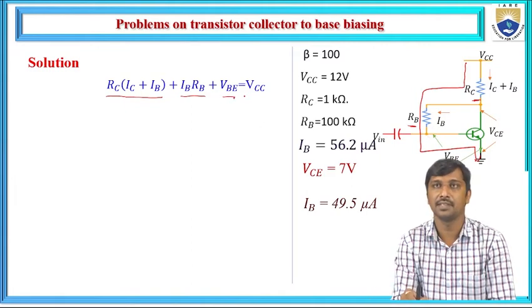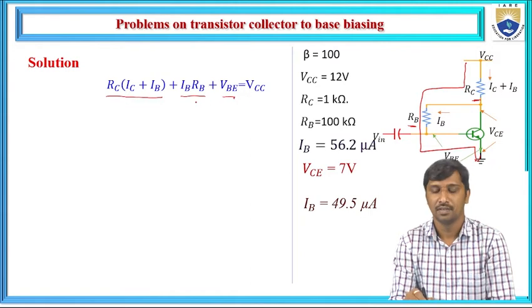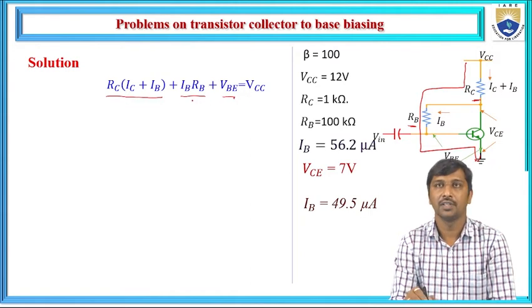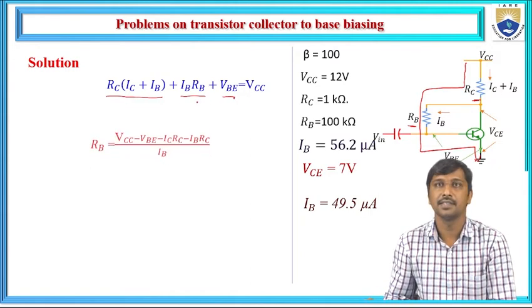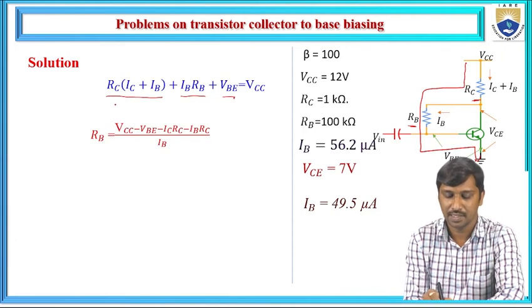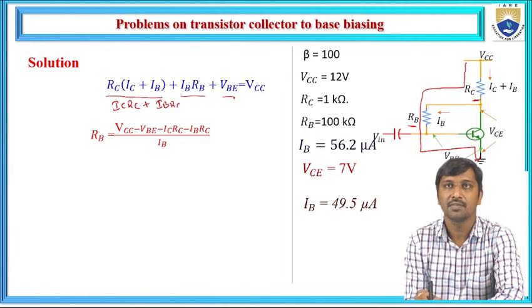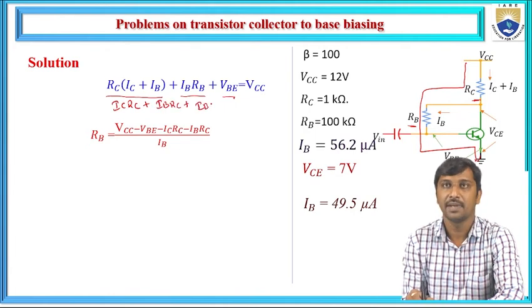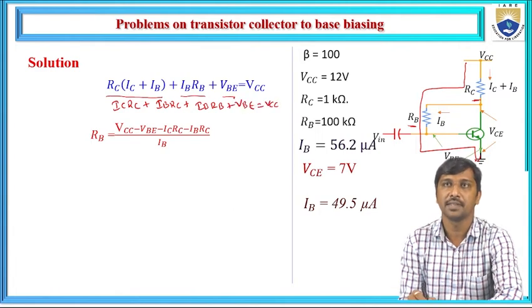So this is equal to VCC. Expanding the terms: IC times RC plus IB times RC plus IB times RB plus VBE is equal to VCC.